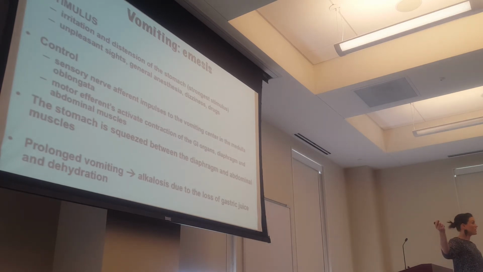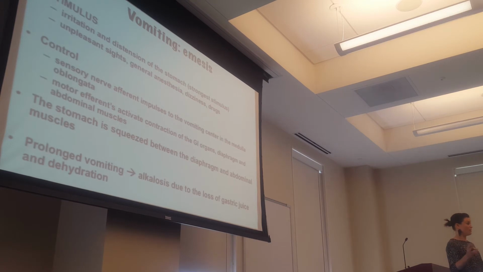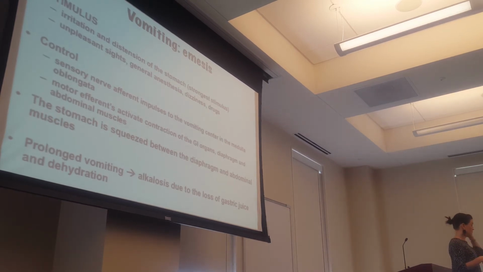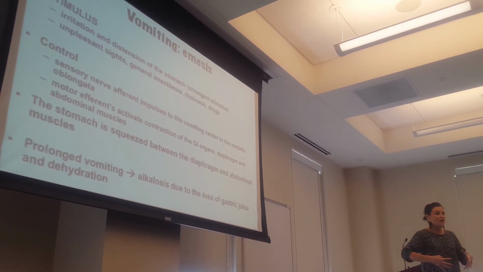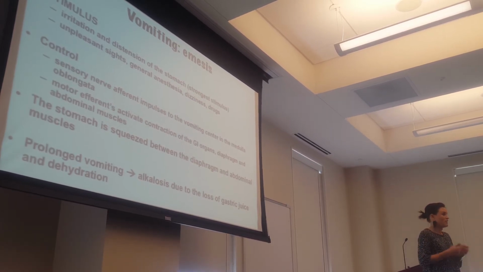Vomiting. All right? What causes you to vomit? There are a few things. You actually have a vomiting control center in your brain, in the medulla region. But usually any irritation of the stomach or distension of the stomach will cause a mass contraction and relaxation of that lower esophageal sphincter, and you're going to vomit.